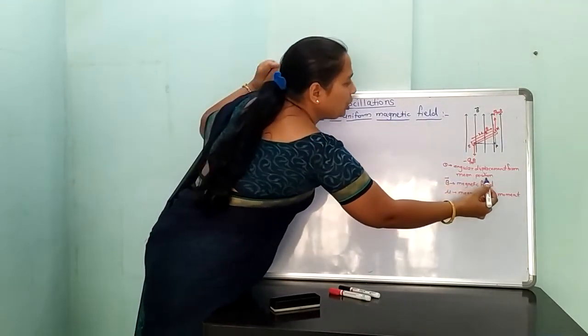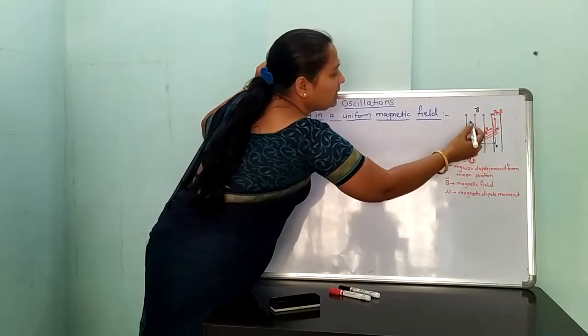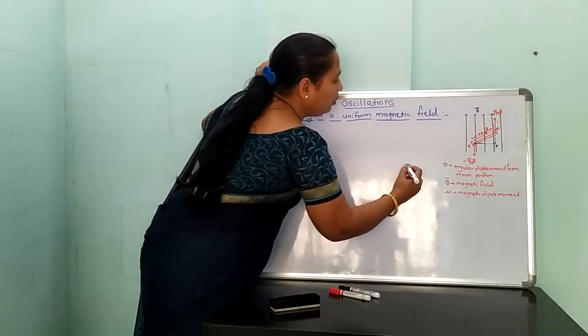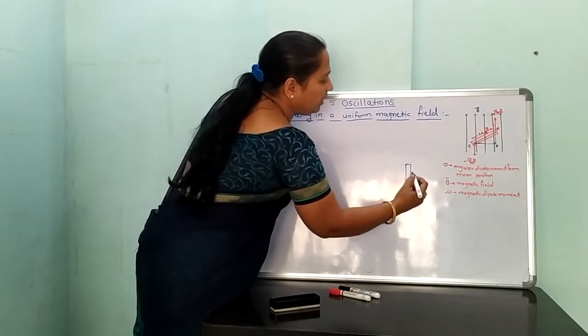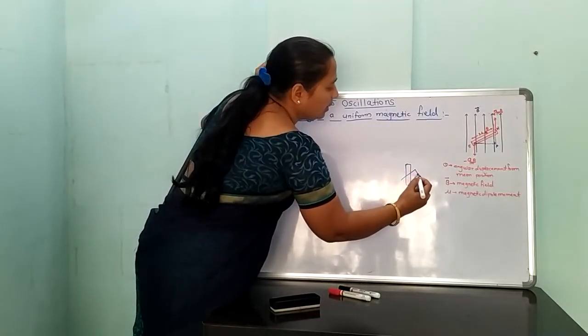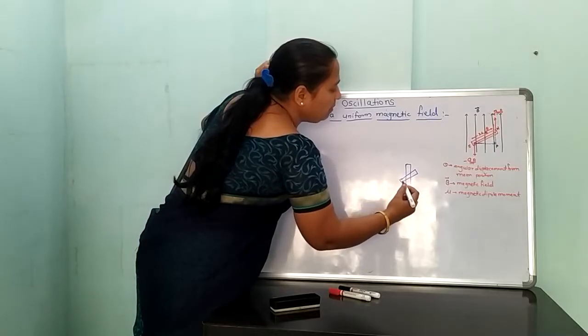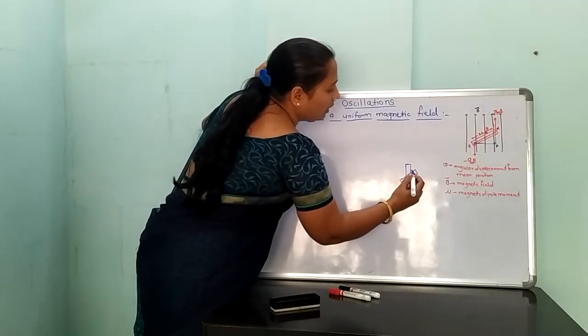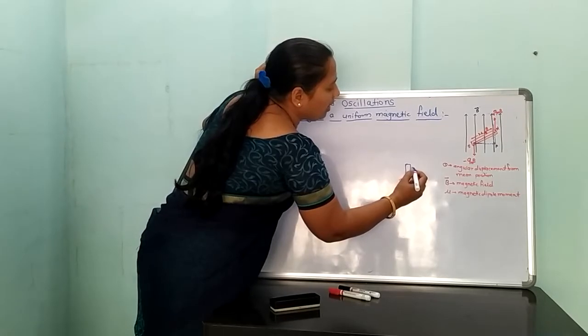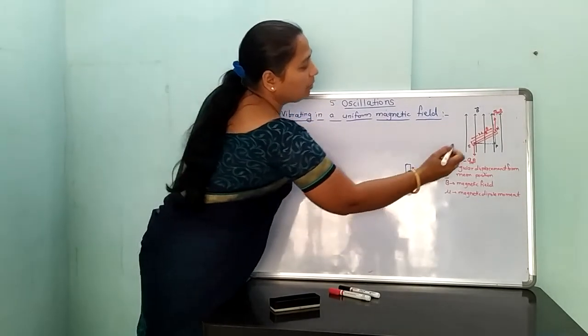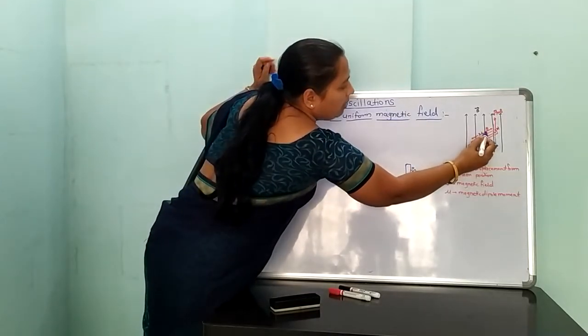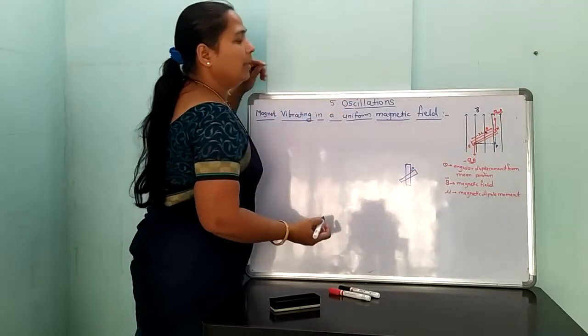What is the mean position? If the magnet is kept parallel to the magnetic field, that is the mean position. The bar magnet is deflected from its mean position, the torque acts on it and provides the angular displacement theta. That angle is denoted by theta.